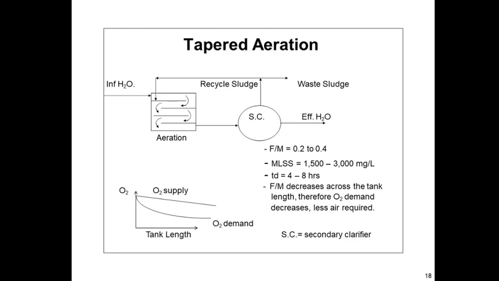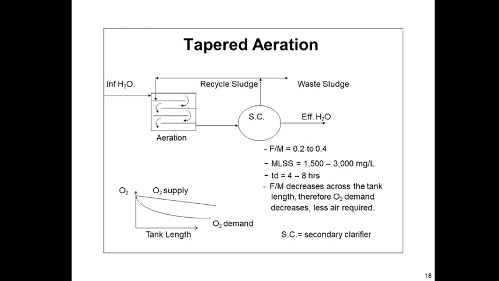The aerators are spaced close together at the inlet end to achieve a higher oxygenation rate and spaced further apart at the outlet end where the oxygen demand is less. Okay. So in tapered aeration, the rate of air supply along the length of the tank is according to need.